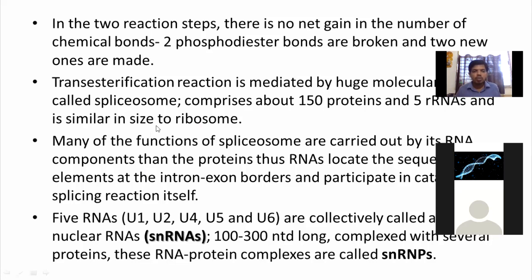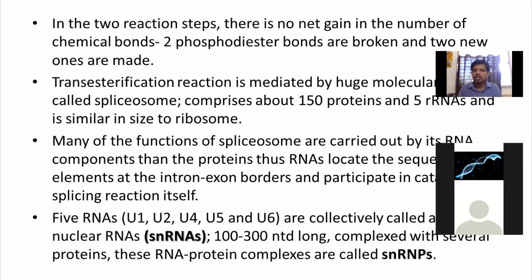This spliceosome machinery is composed of about 150 proteins and 5 RNAs, which are similar to the ribosomes. So many of the functions of the spliceosome are carried out by these RNA components rather than the proteins. Thus, the RNA locates the sequences, the elements at the intron-exon borders, and participates in the catalysis to break that bond. So remember, behind the splicing, certain factors or proteins are responsible.